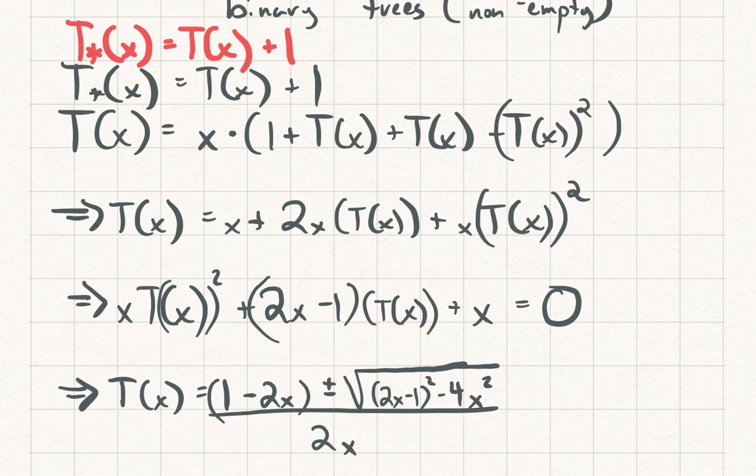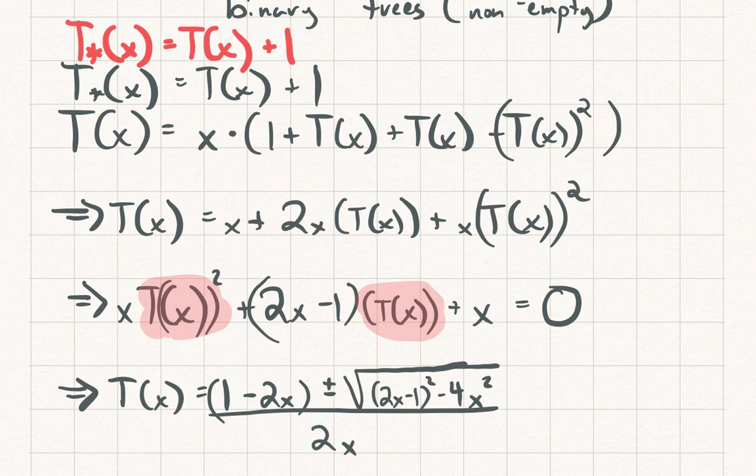Okay, good stuff. So now we're thinking about t of x here as our variable. So we have something times t of x squared plus something times t of x plus a constant equals 0. So we're going to use the quadratic formula to solve for t of x.